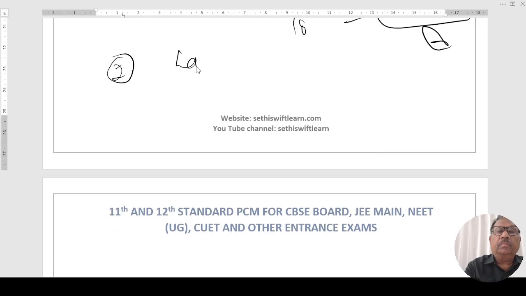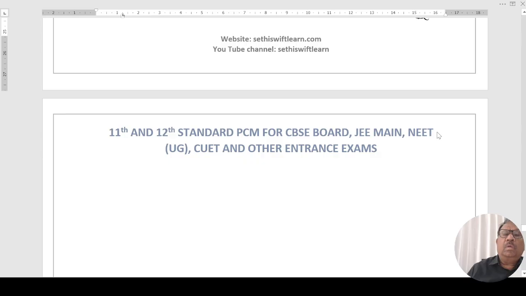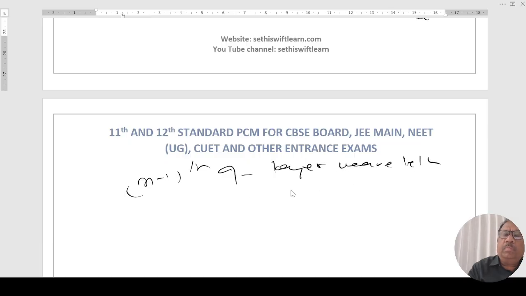Let the nth bright fringe of the shorter wavelength coincide with the (n minus 1)th bright fringe of the longer wavelength.